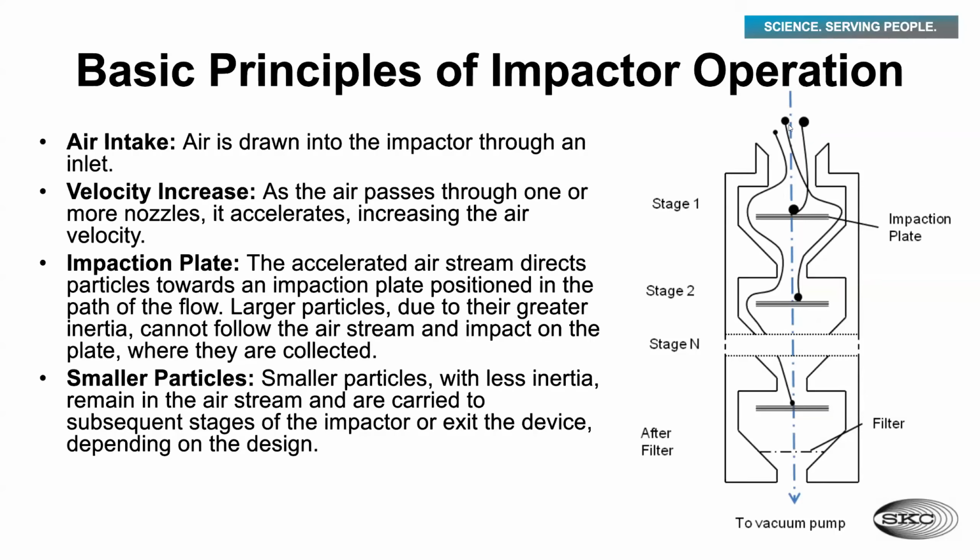Whereas these smaller particles that have less inertia, they're able to stay in that airstream and make their way further into the impactor. Now, ultimately, there'll be particles that are small enough, in between that 1 and 10 micron size, that make their way past all of the plates and, based on the collection efficiency, are collected on that filter at the bottom, where we send those off to the lab to be analyzed.